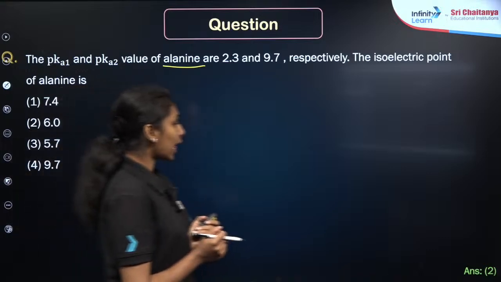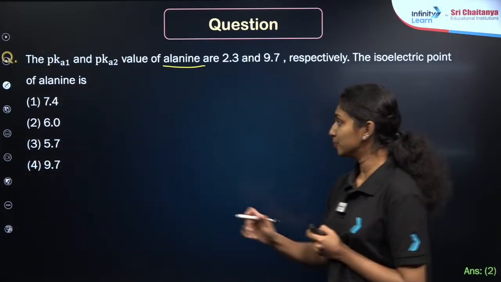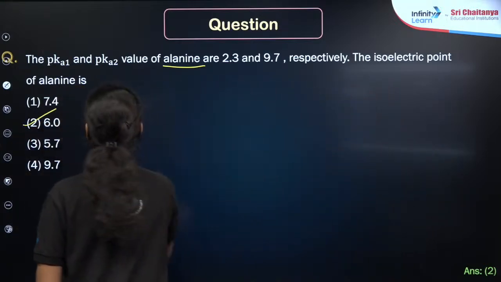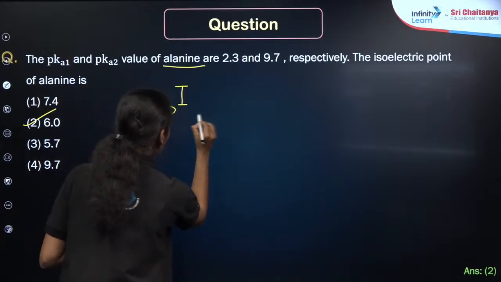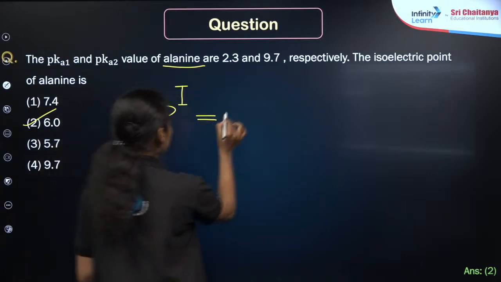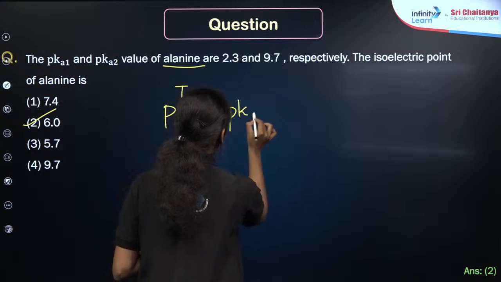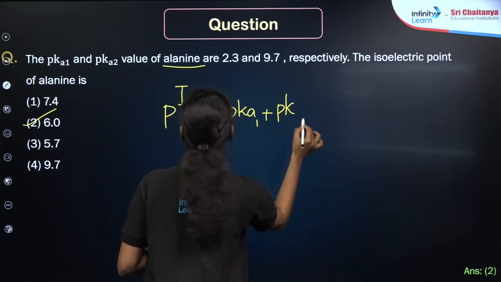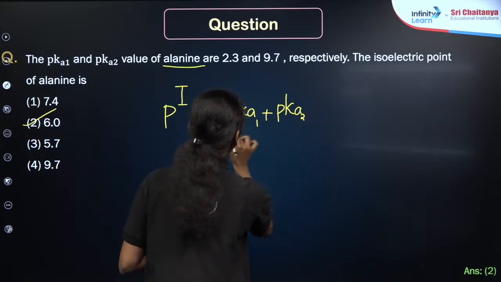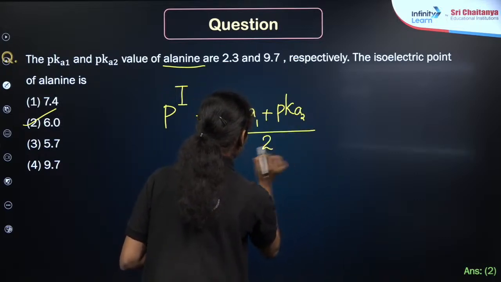Okay. How can we calculate that? What is the formula behind that? Yes, option 2 is the correct answer. So, pI stands for the isoelectric point. So, I can take it as pK1 plus pK2, whole divided by 2, right?